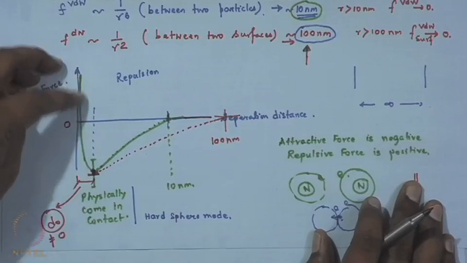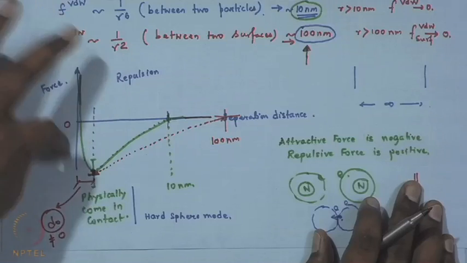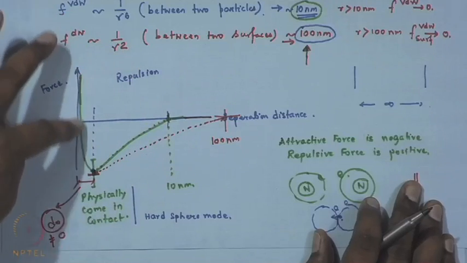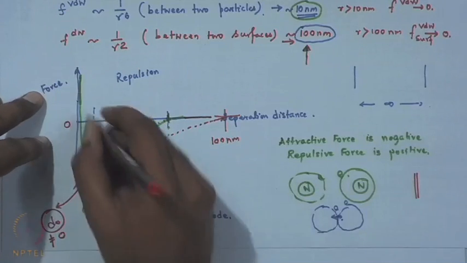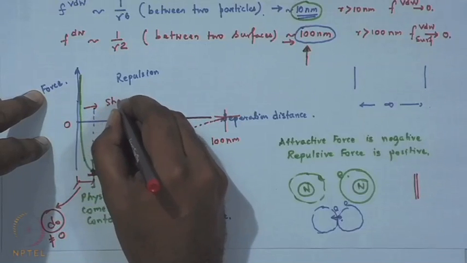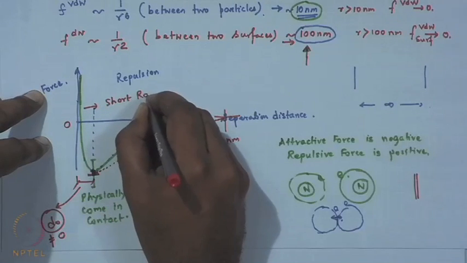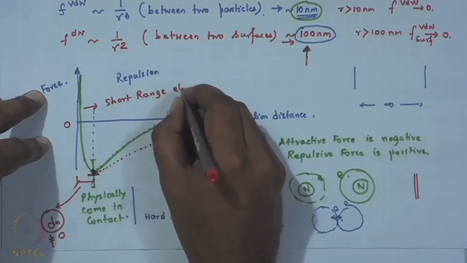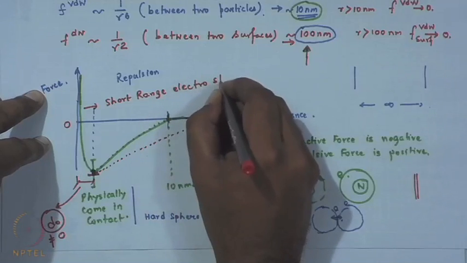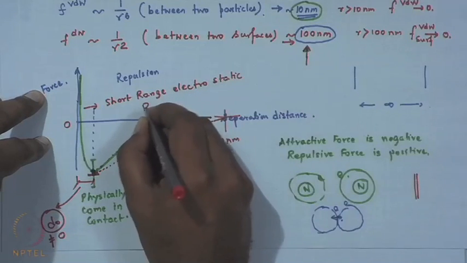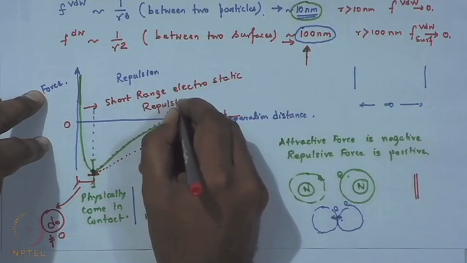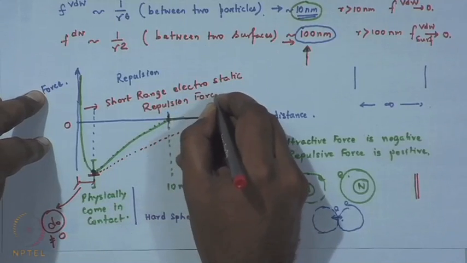Beyond d0 the van der Waals force is dominated by the electrostatic repulsion, which is known as the short range electrostatic repulsion forces.